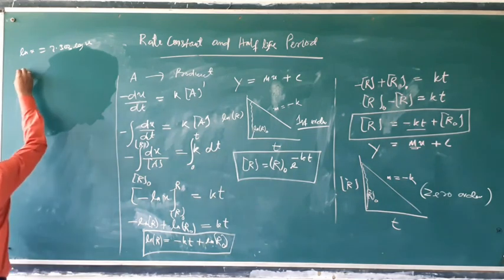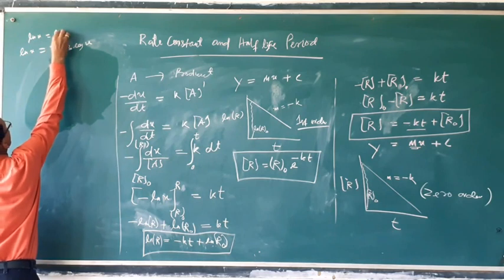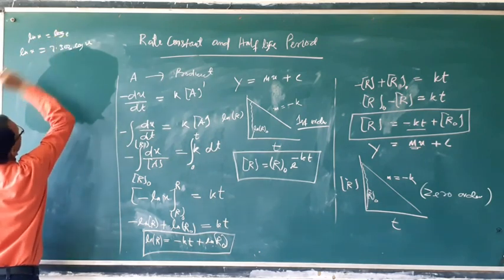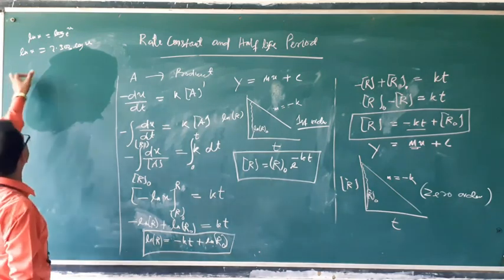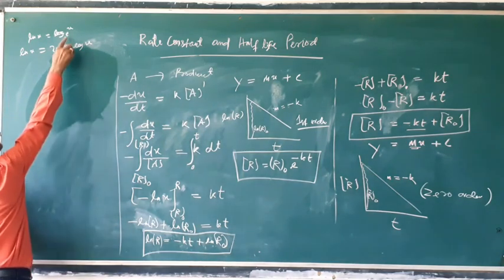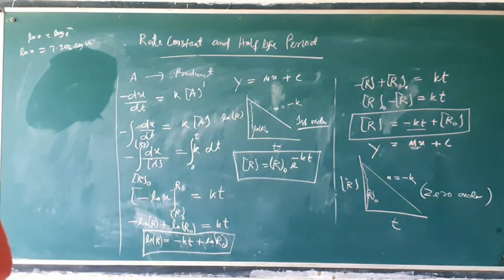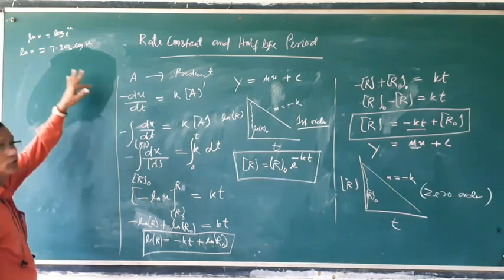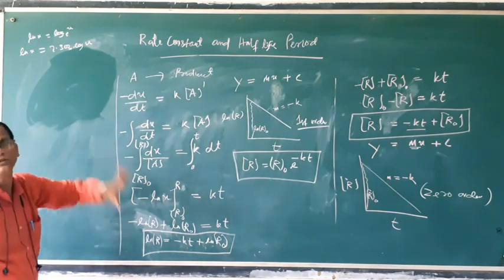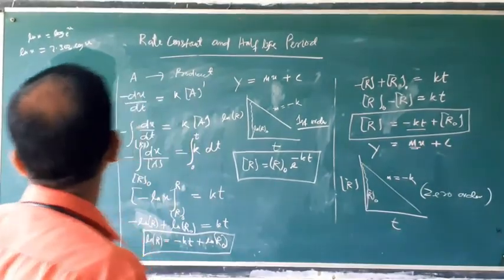Actually ln x is equal to log e x. When the base e is changed to log 10, it will be multiplied by 2.303. You have to remember this thing. Always when ln becomes log form, 2.303 will be multiplied.